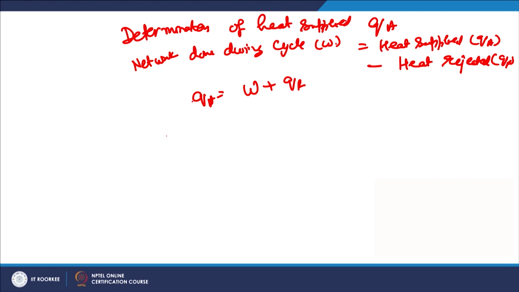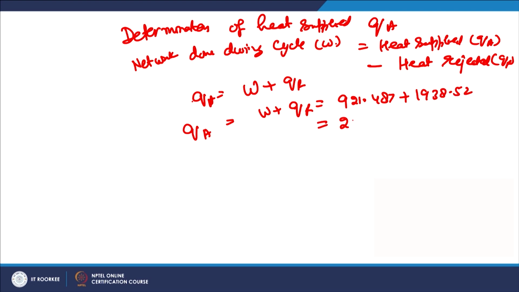W we have already determined. So QA is equal to W plus QR, and that is 921.487 plus 1938.52. This is 2860.0 kilojoule per kilogram.